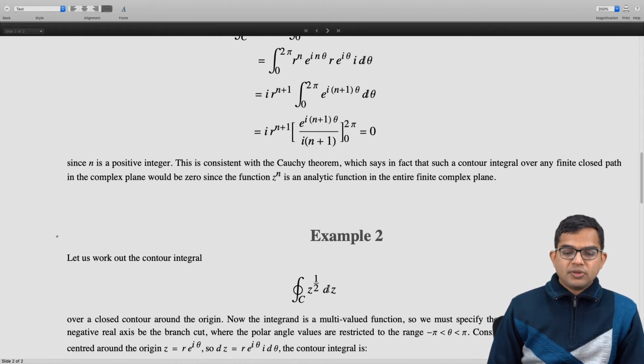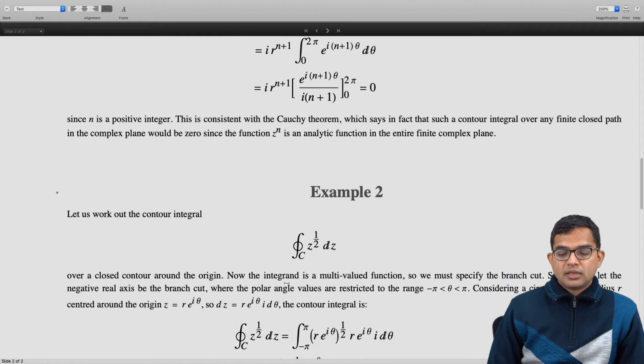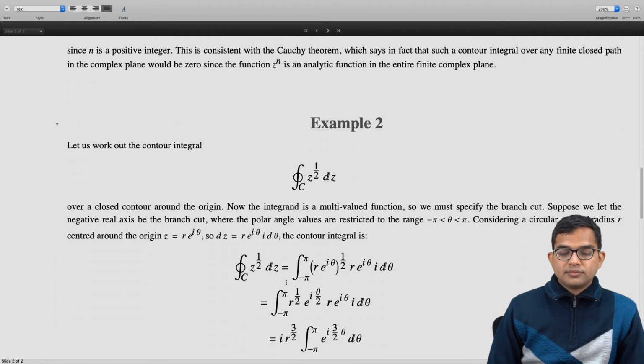Again, just like in the previous example, z is equal to r times e to the i theta, from which we can write dz is r times e to the i theta times i times d theta. Now the contour integral is given by this expression from minus pi to plus pi, because that's the restriction on the polar angle that we have put.